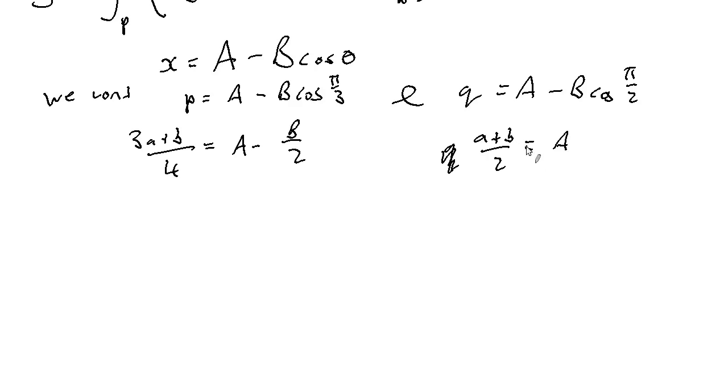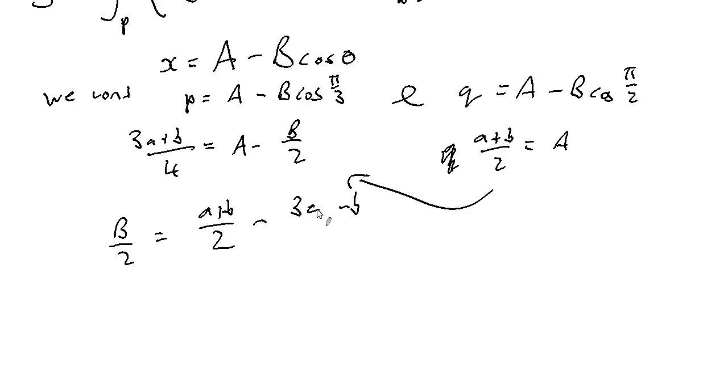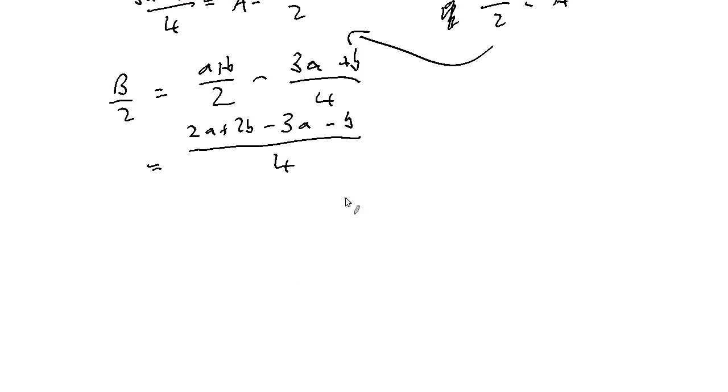So a is equal to (a plus b) over 2, which is good because now we can substitute that in here, and we have b over 2 equals (a plus b) over 2 minus (3a plus b) over 4, which equals (2a plus 2b minus 3a minus b) over 4. So b equals (b minus a) over 2.